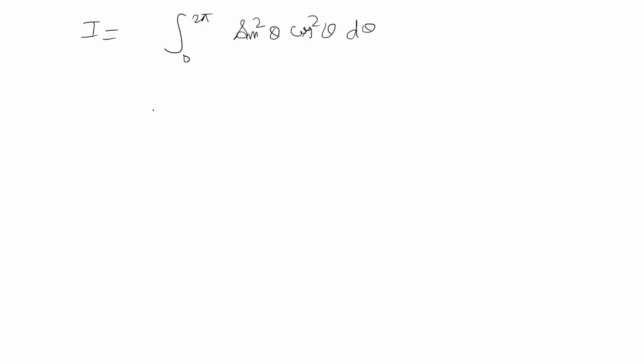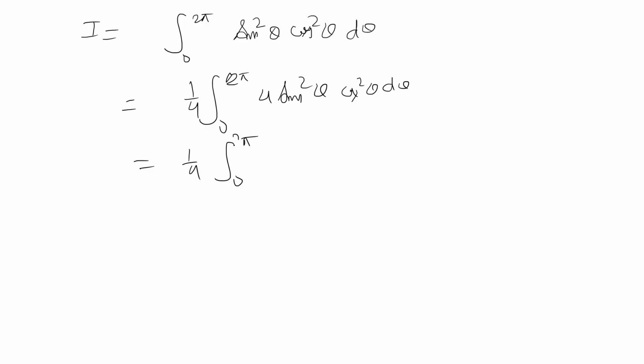This is right. I just divide by 4 and multiply by 4, so you can write it like that, right? 2 sin theta cos theta whole square, or this formula we know: sin 2 theta.